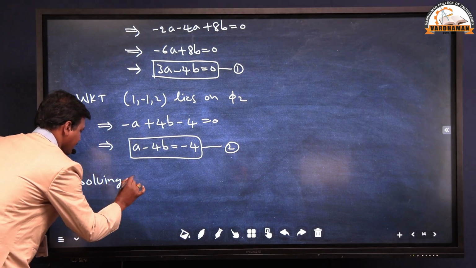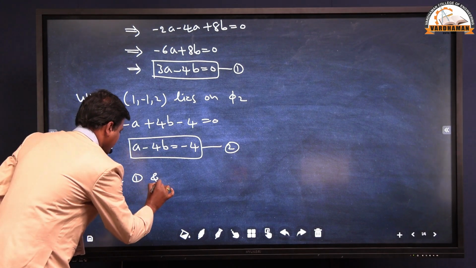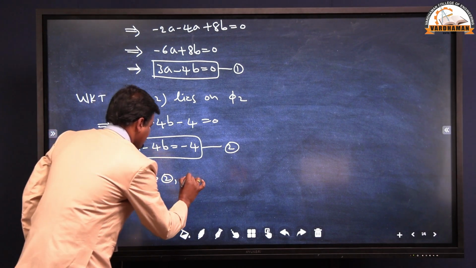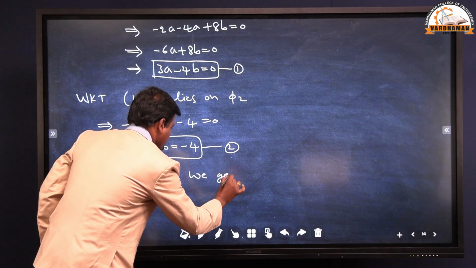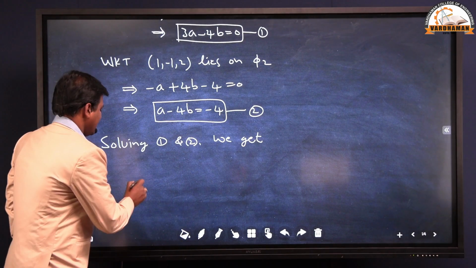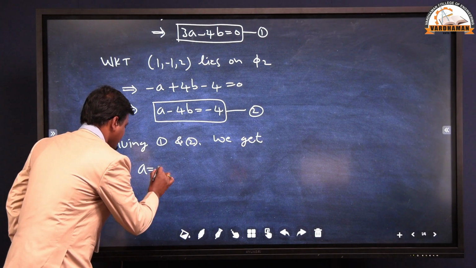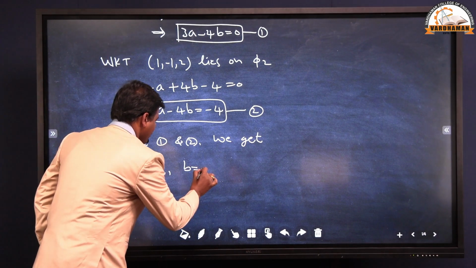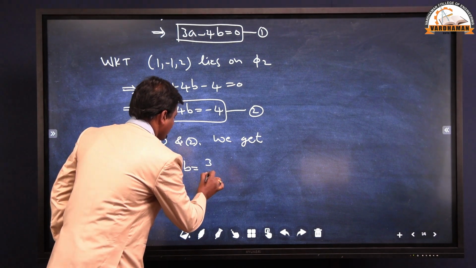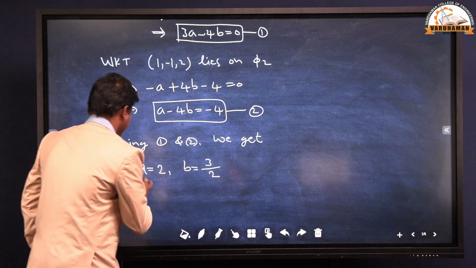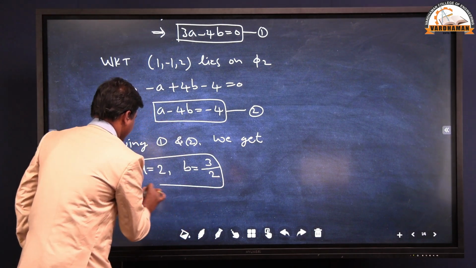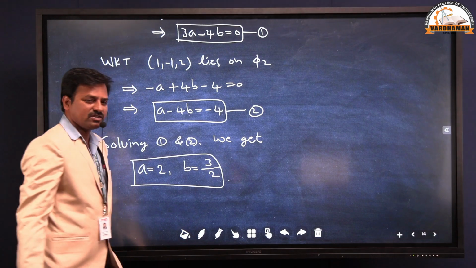Solving equations 1 and 2, we get a equal to 2, b equal to 3 by 2, which are the required values of a and b.